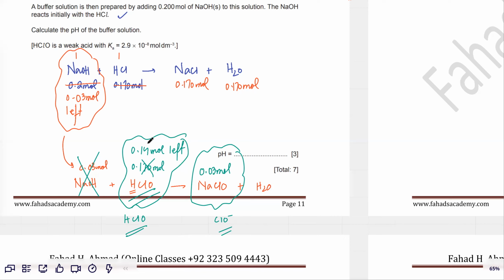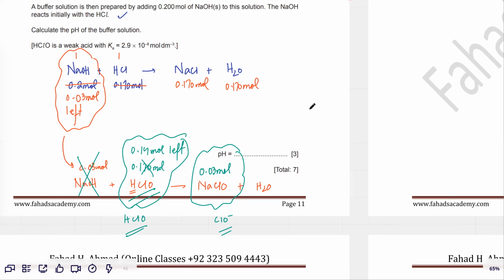So that means 0.14 moles would be left at the end, unreacted. And your flask would contain the weak acid plus its conjugate base or salt as well. So is this clear so far? Yes, sir. Remember, this one is a slightly difficult question. Sohail, is this clear? Yes.